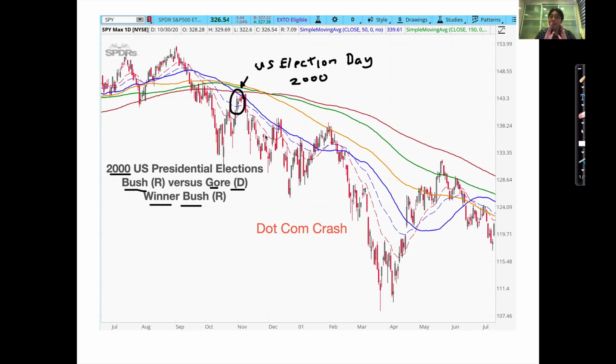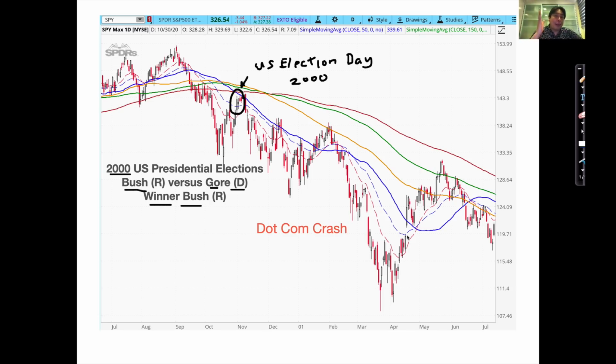That tells us it's a medium-term downtrend. At the same time, the price of the S&P is below the 200 moving average, and the 200 is sloping downwards. So it means long-term downtrend, medium-term downtrend. And sure enough, what happened post-election? The market continued going down.